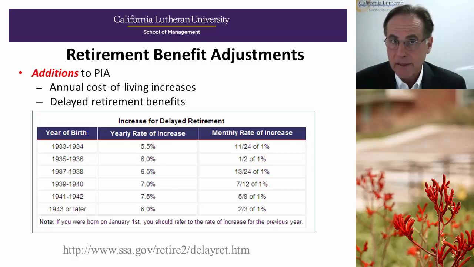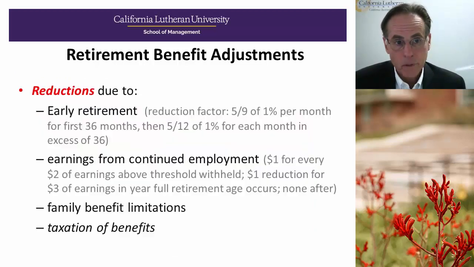So two ways that PIA can increase: the annual cost of living, the delayed retirement benefits. But likewise, that PIA can go down. And the reductions can be due to early retirement, should you continue working while you're collecting Social Security prior to your full retirement age, family benefit limitations, and there is some taxation of benefits that we'll take a look at.